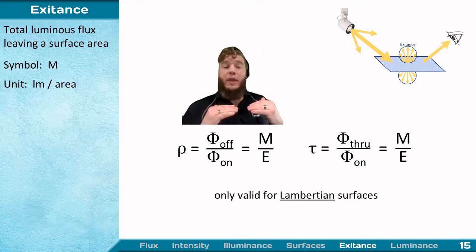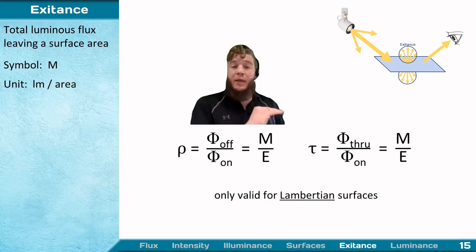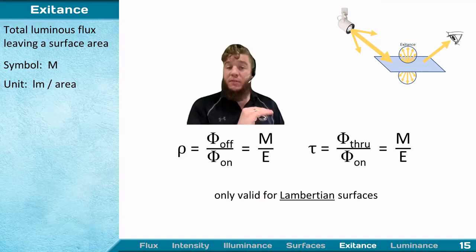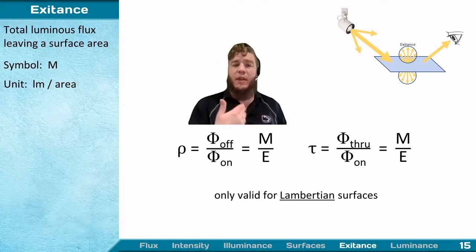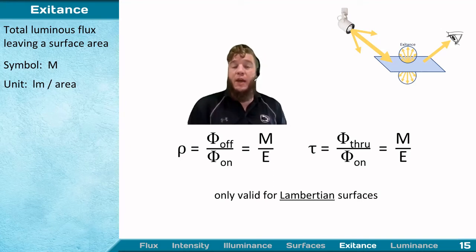So we can define the reflectance of a surface by calculating exitance and illuminance. And that ratio is also what gives us exitance, because rarely are we going to actually measure exitance directly. It's actually quite difficult to do so. So oftentimes we will measure the reflectance and the illuminance and get exitance as an intermediate value.